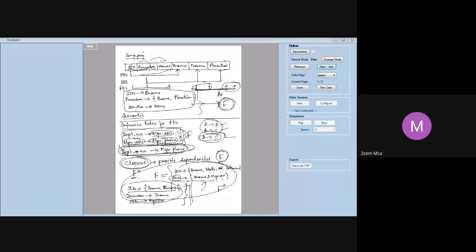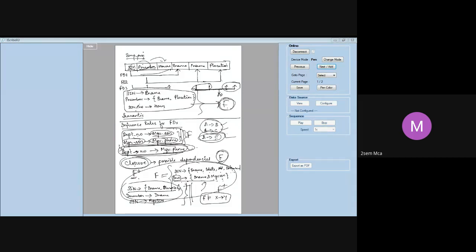Now, when I can infer, I will write the notation like this. This is the notation: F, X implies Y. That means this X implies Y is a dependency which I am trying to infer from the set of dependencies that I already have. Inference.